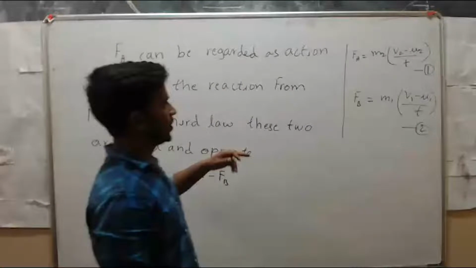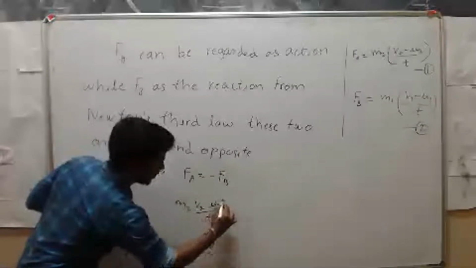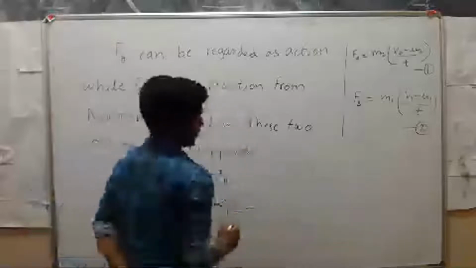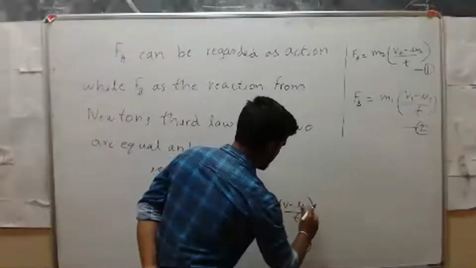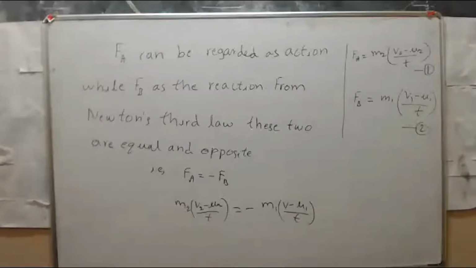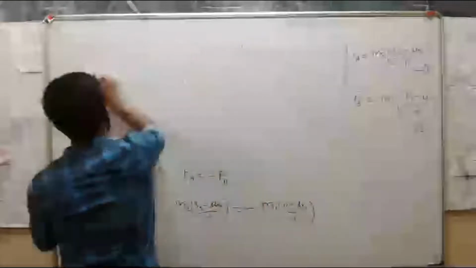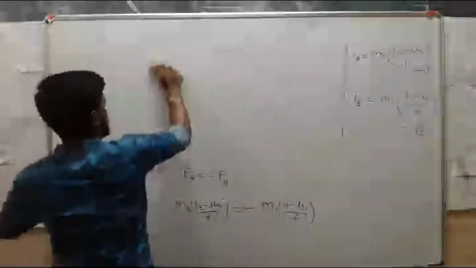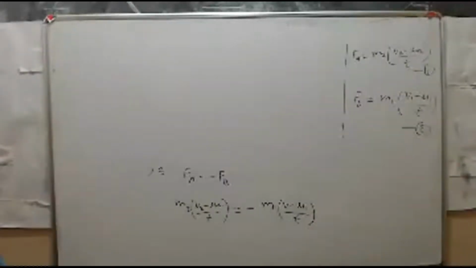FA equals M2 (V2 minus U2) divided by T, then minus M1 into (V1 minus U1) divided by T. So T gets canceled.